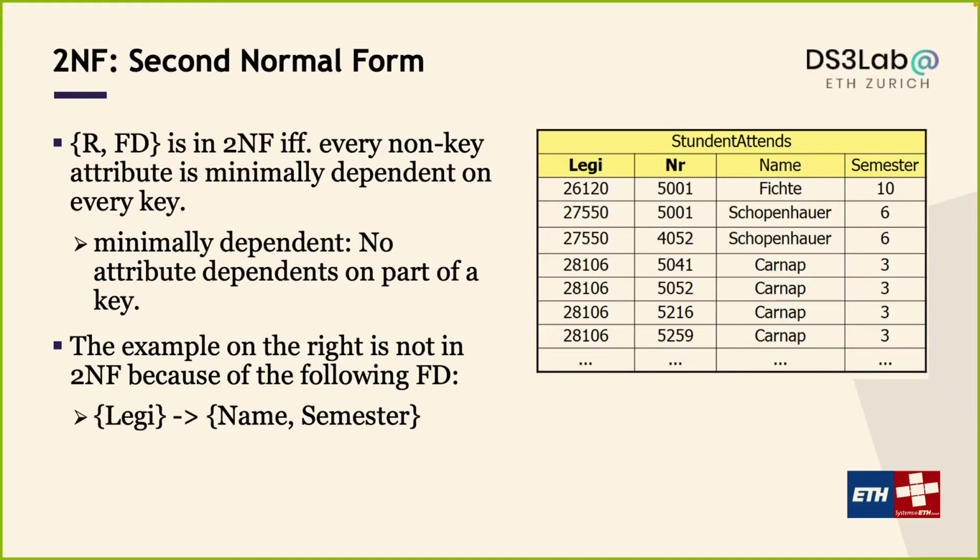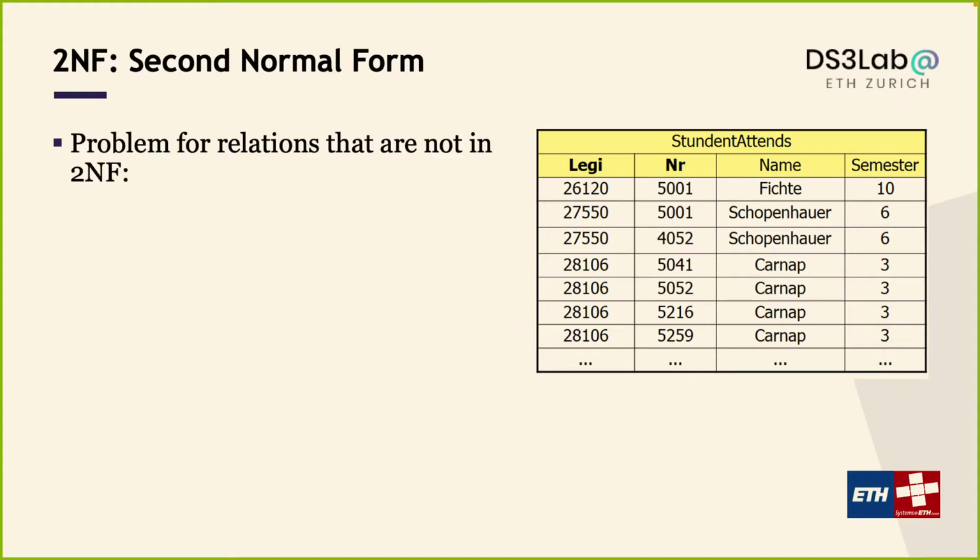The key of this relation is the combination of student ID and lecture ID. Because of this functional dependency, this design is not in second normal form. And also because of this functional dependency, there are data redundancies in this relation.